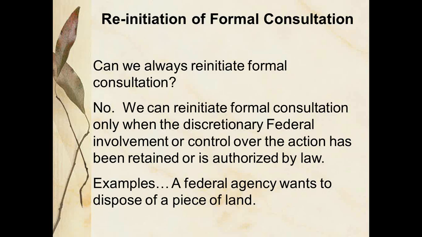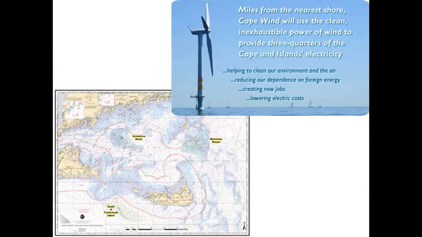Okay. So let's jump into an example and play this out a little bit more. This is one of my favorite, both NEPA and now formal consultation examples, since they've progressed this far in this project. So this is Cape Wind. You can't really see this map, but this is the Cape up near Nantucket, Massachusetts, Boston area.